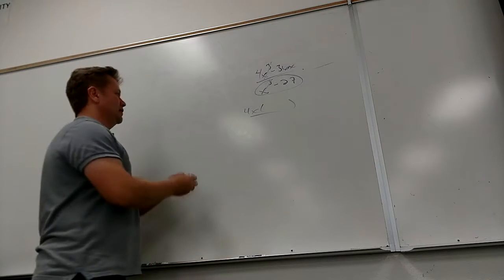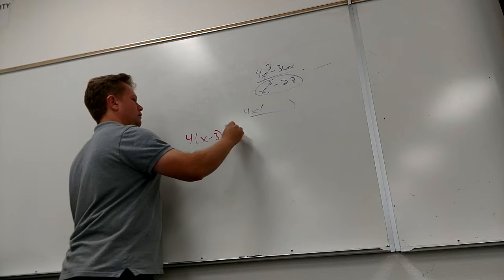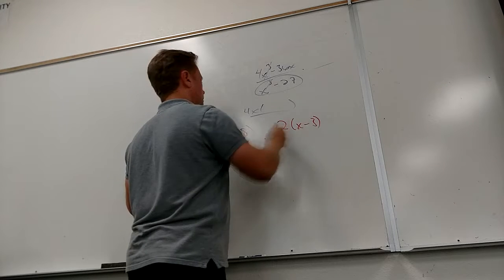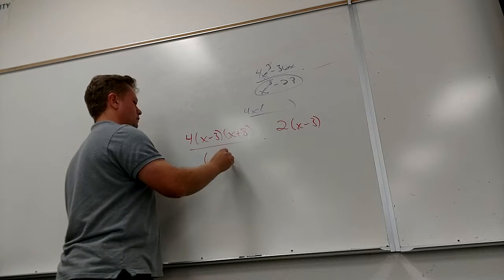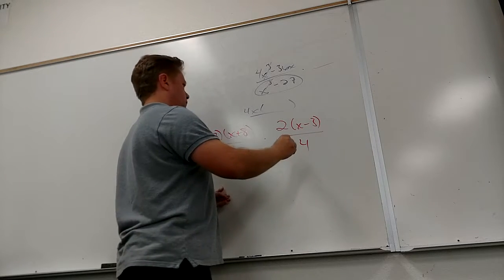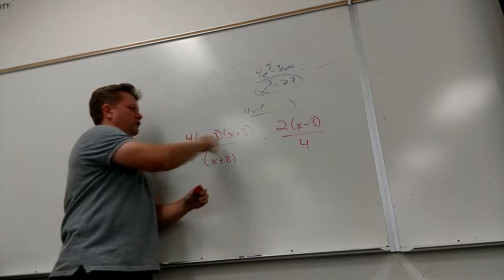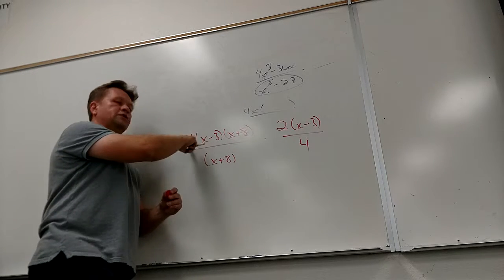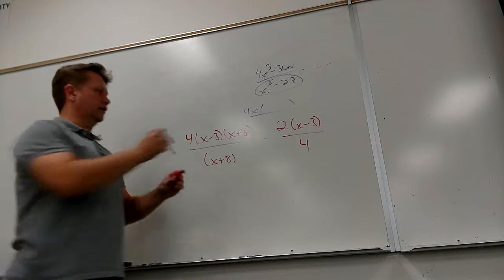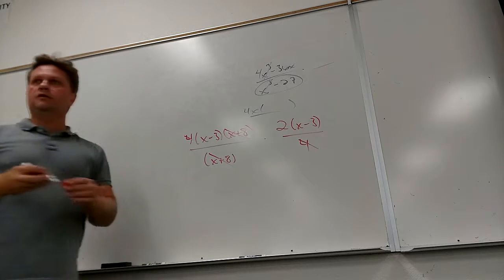Yes. So if I factored something and ended up with this, let's see. Can I kill the x plus 8s? Yes. Can I kill the 4s? Yes, because one's on the top, one's on the bottom. Can I kill the x minus 3s? No, because they're not killing each other.